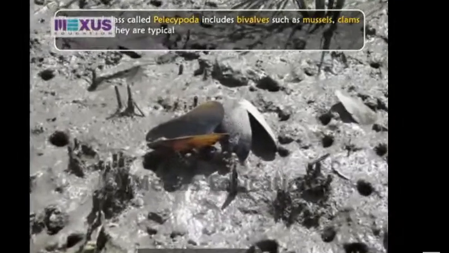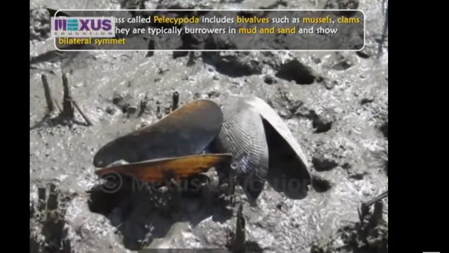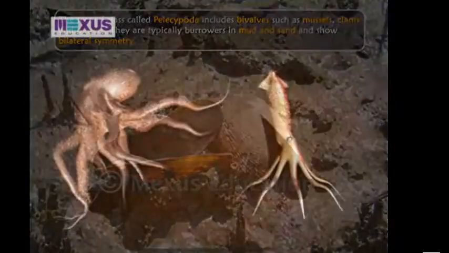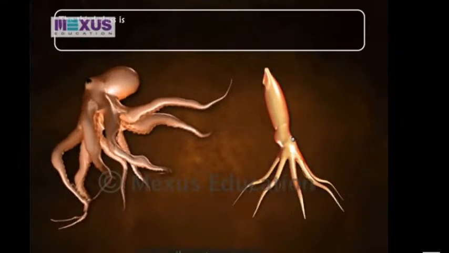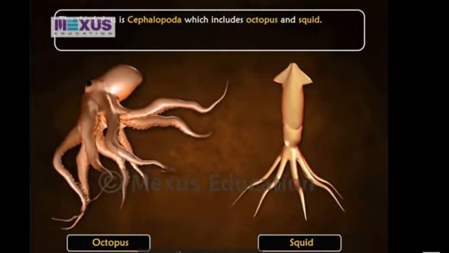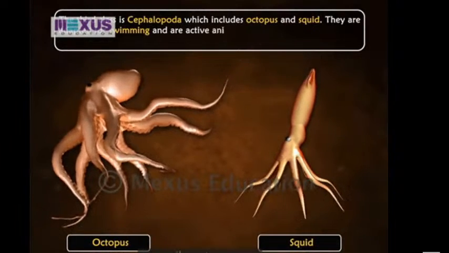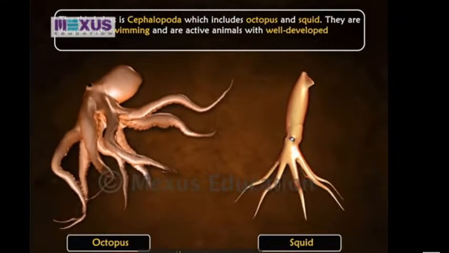They are typically burrowers in mud and sand and show bilateral symmetry. The third class is Cephalopoda, which includes octopus and squid. They are adapted for swimming and are active animals with well-developed sense organs and nervous system.